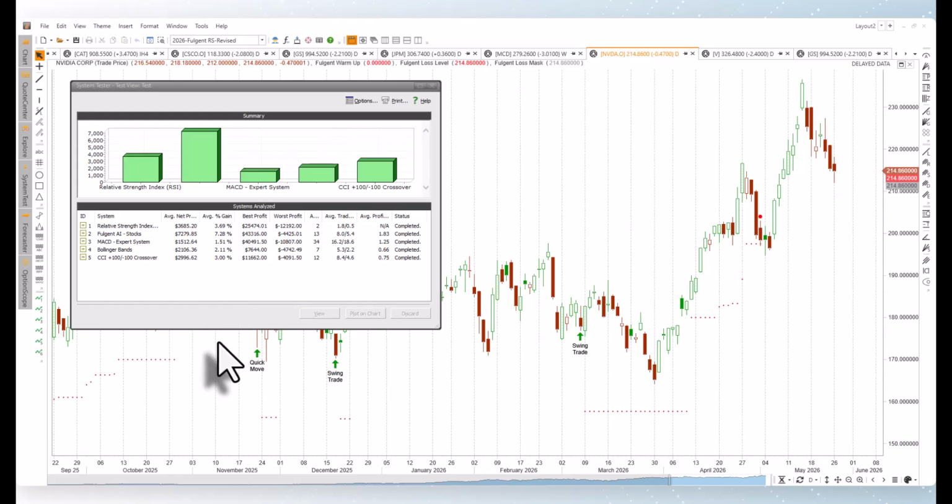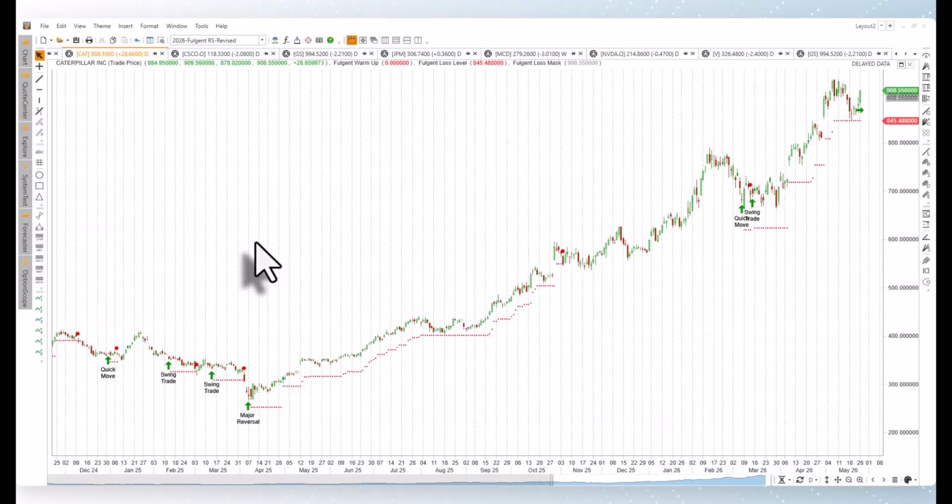So it gives traders independence in terms of your trading, and creates a lot of IP, intellectual property, within your own trading style. So now, in conclusion, the Fulgent AI engine really helps you, particularly with the genetic algorithm technology, to really optimize and boost your trading performance, scanning for those high probability trade setups.